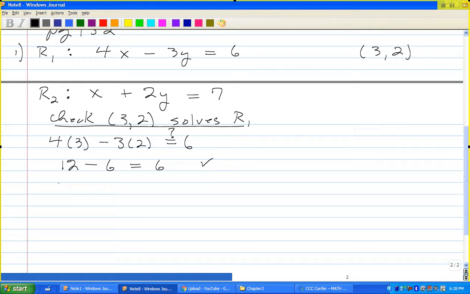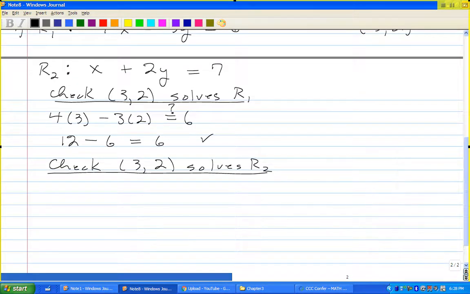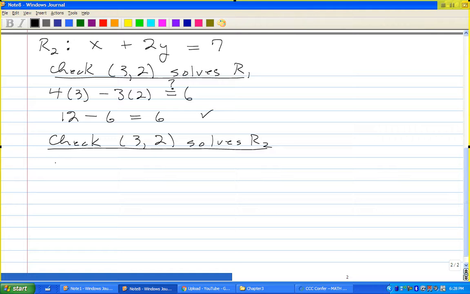Now let's check if the point (3, 2) also solves the second equation. Let's replace x by 3, y by 2.